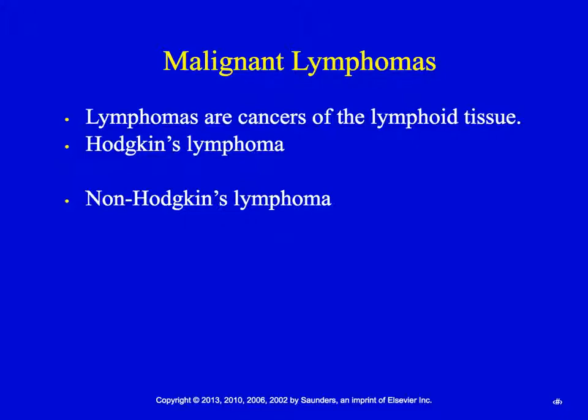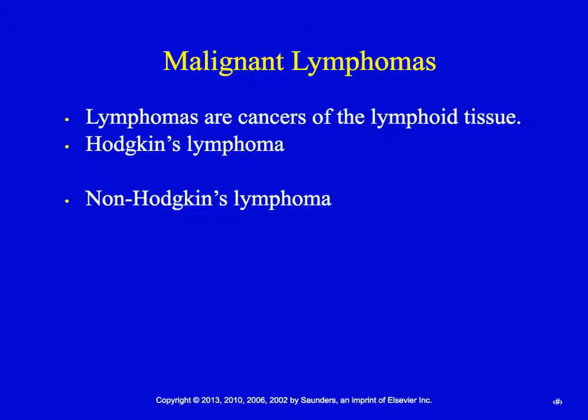To compare them, Hodgkin's lymphoma is called such because it has a specific cancer cell type called the Reed-Sternberg cell. It generally spreads from one group of lymph nodes to the next in an orderly fashion. So this is orderly. If you were to ask me if I wanted Hodgkin's or non-Hodgkin's, I want Hodgkin's. Hodgkin's is much more predictable.